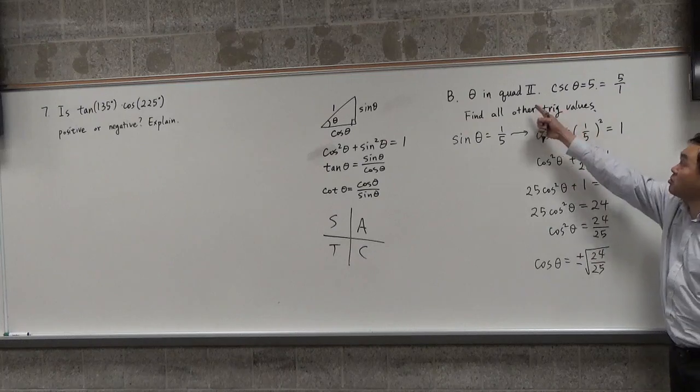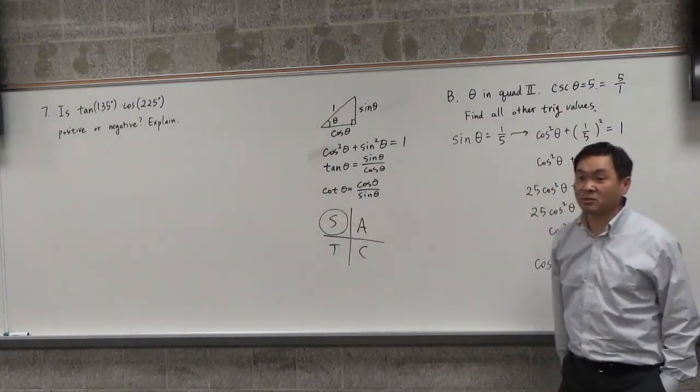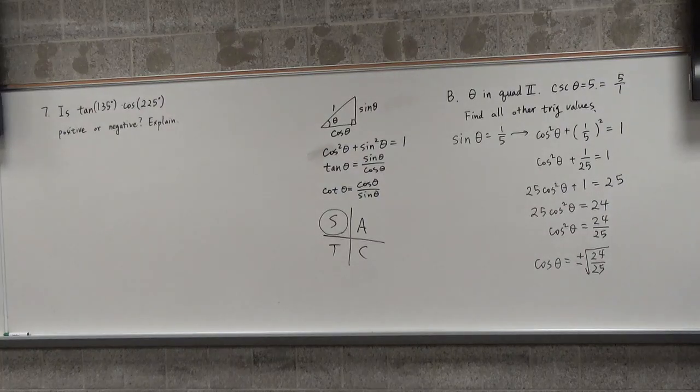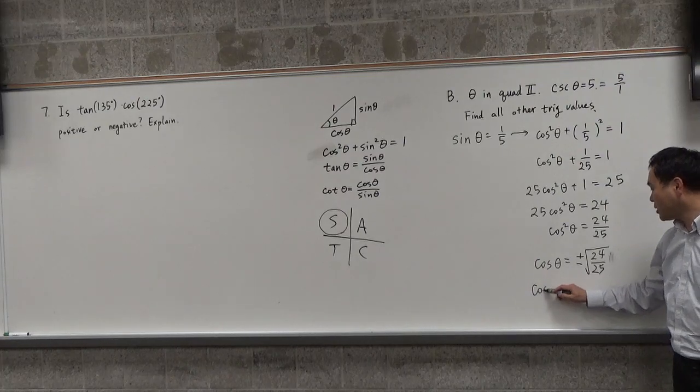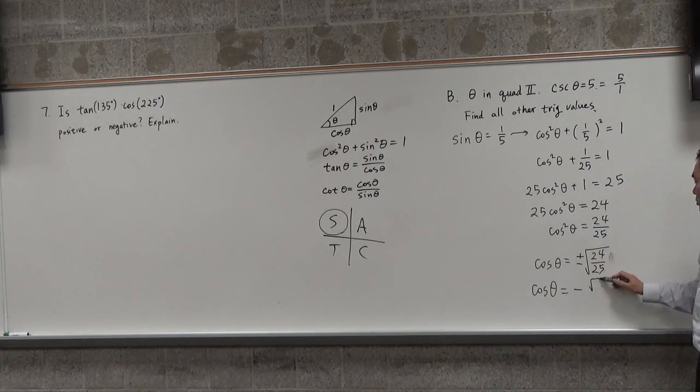But from this condition that theta is in quadrant 2, I know what the sign of cosine is. Is it plus or minus? Minus. So we then say cosine theta is negative of square root of 24 over square root of 25. Square root of 25 is 5.